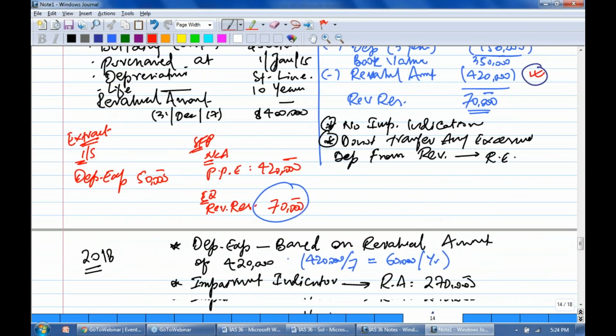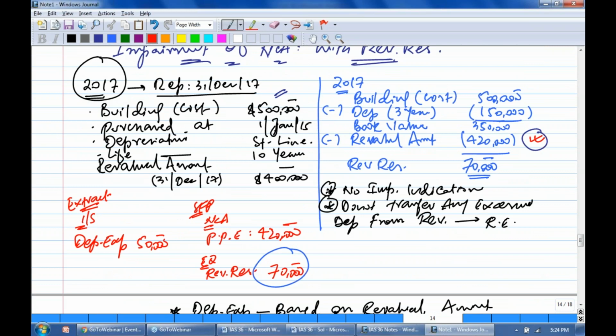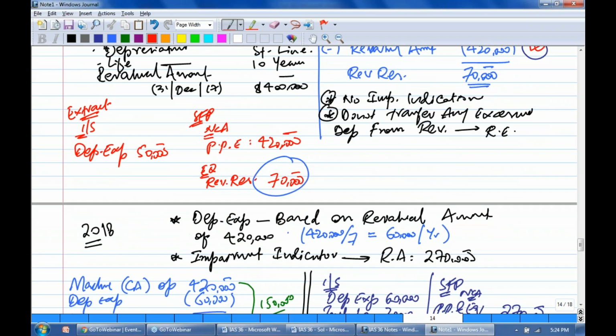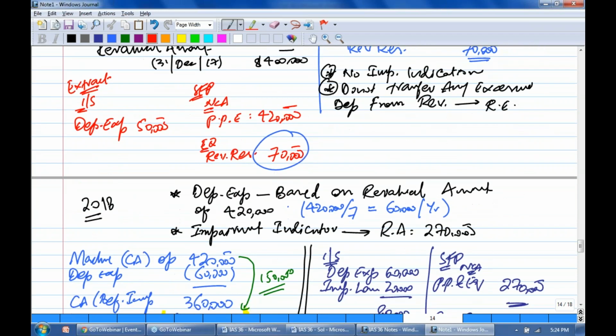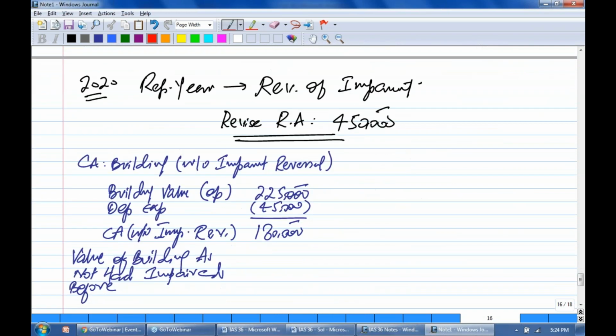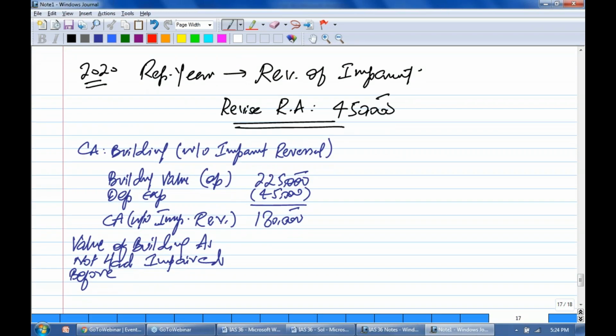And then depreciate on that basis, because 2017 has ended with the value of 420,000, then 18, 19, and 20.